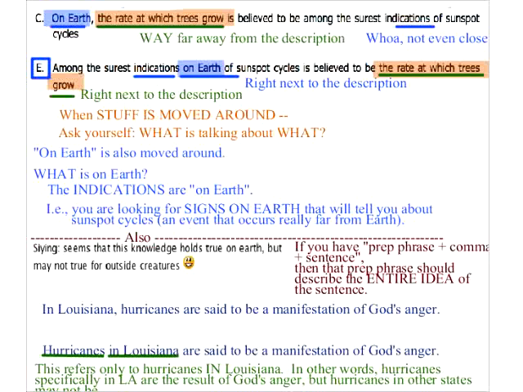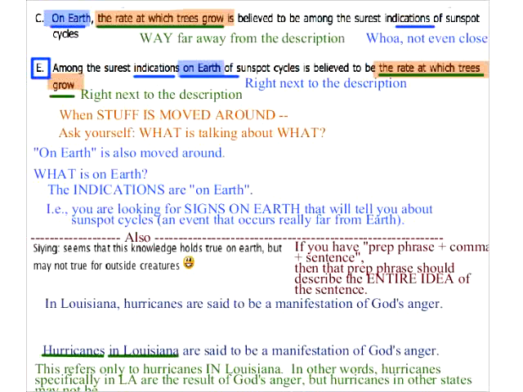What does the first one mean though? If we say in Louisiana hurricanes are said to be blah blah blah blah, what does this mean? What's the difference between this and the other sentence? Yeah, Katie. Right. People in Louisiana think this, but they think it about hurricanes everywhere. Exactly.